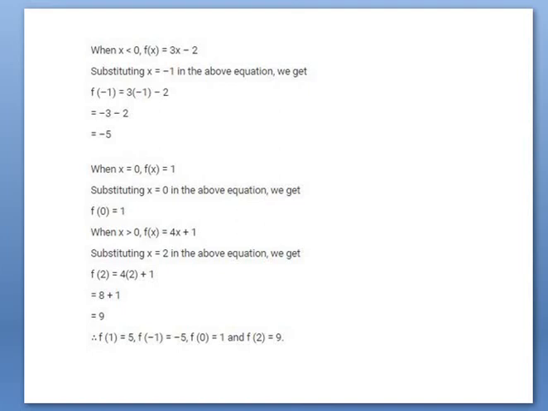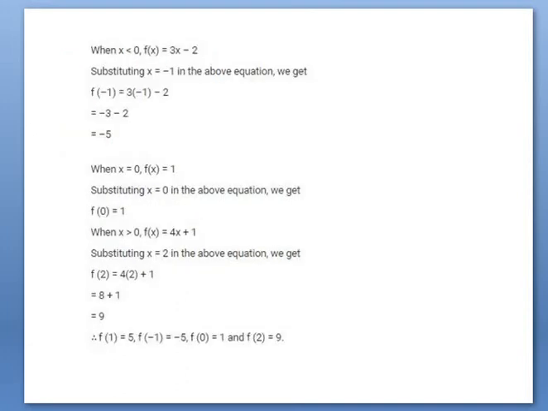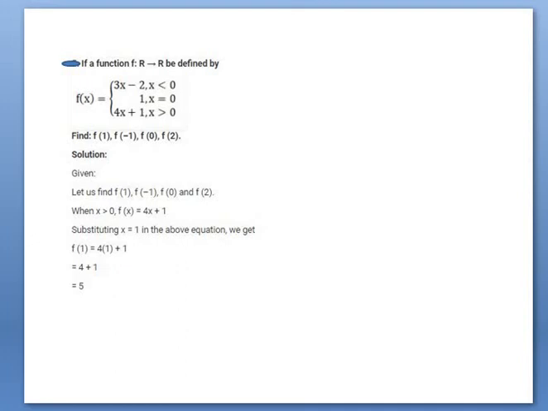Next, I have to find f of 0. Now see this definition. When x equals 0, f of x is equal to 1. So here I have written when x equals 0, f of x is equal to 1. So substituting x equals 0 in the above equation, we will get f of 0 is equal to 1. Okay. And last one is we have to find the value of f of 2. Now f of 2, that means x is equal to 2.